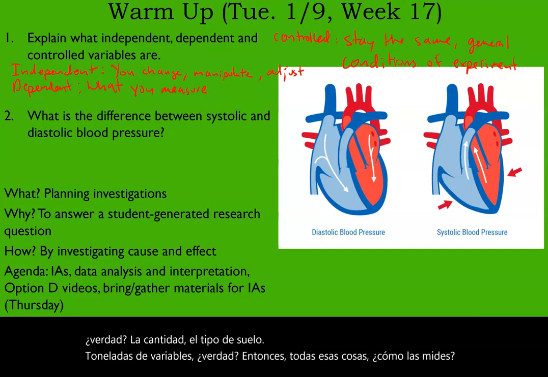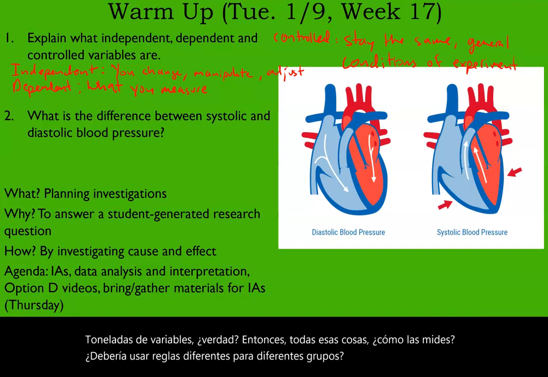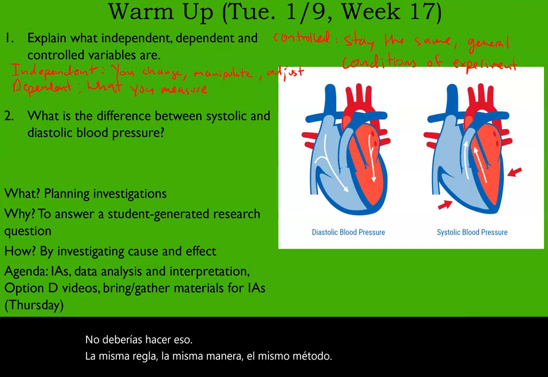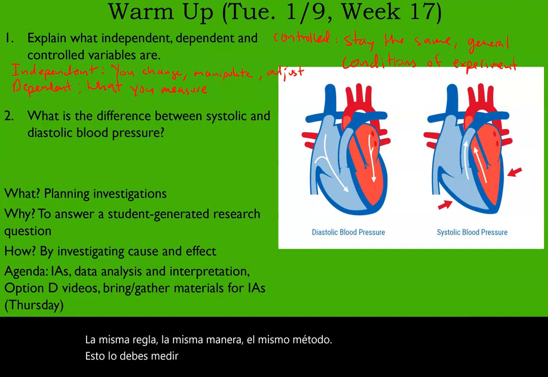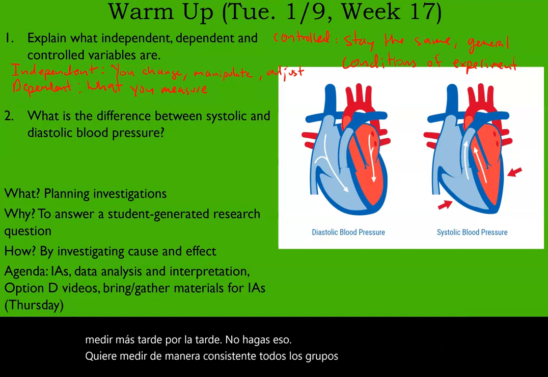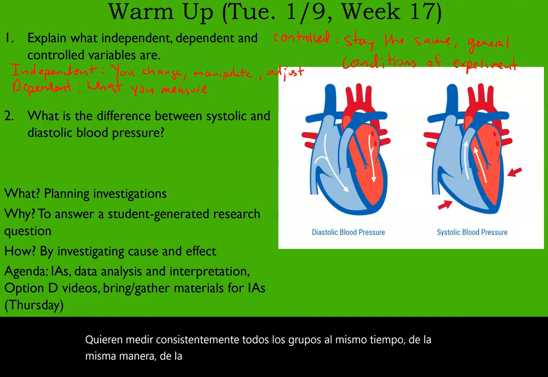So all of those things, how you measure them. Should you use different rulers for different groups? Absolutely not. Same ruler, same way, same method. You should measure on the same day, the same time. Don't measure in the morning and then measure later in the afternoon. You want to measure all groups consistently, at the same time, the same way, the same ruler. Okay?